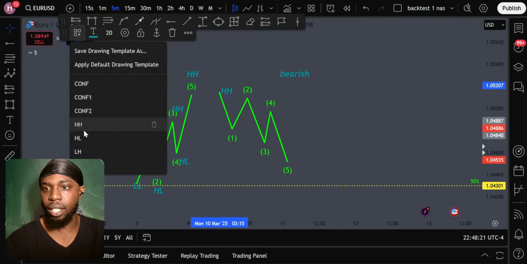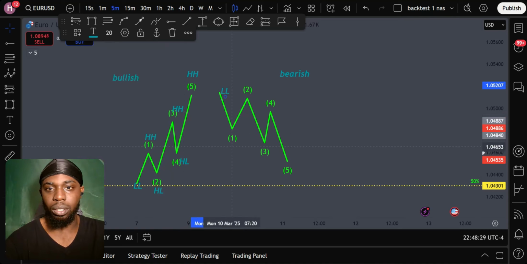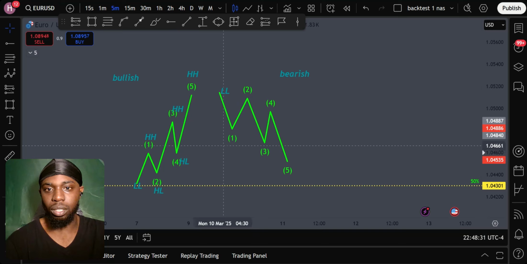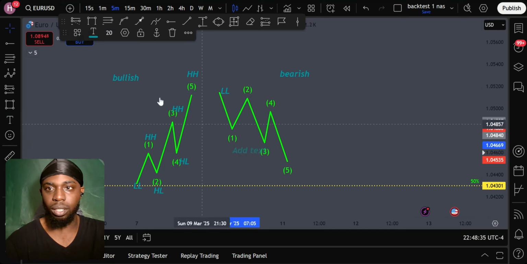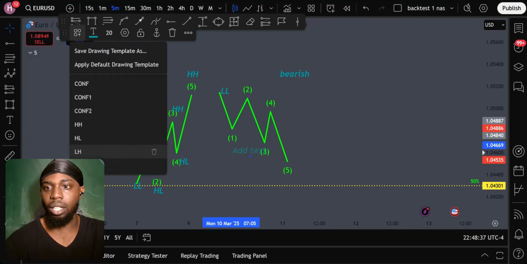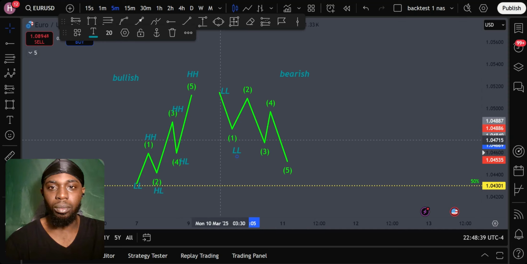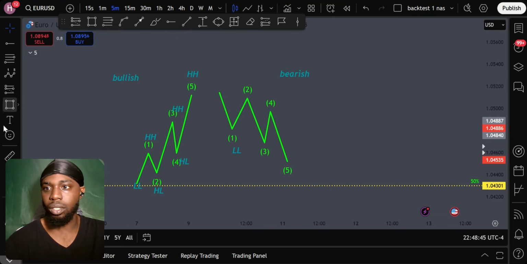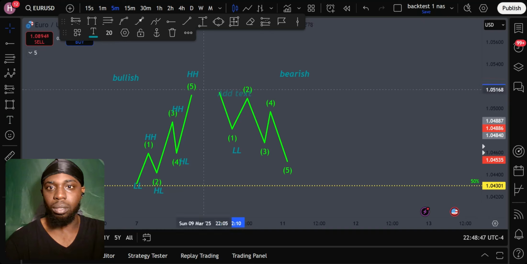And then as we went down, we created a lower low. Sorry about that. We created a lower low. That's where the lower low went.